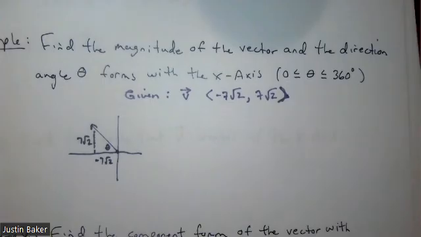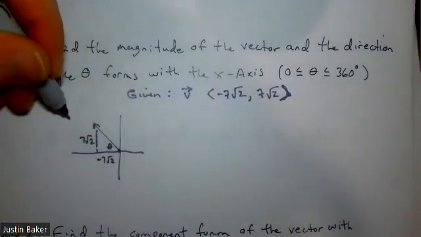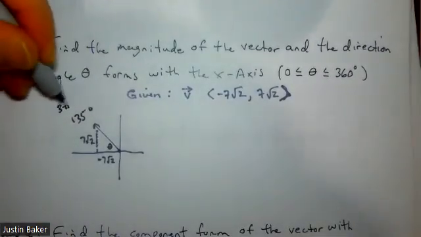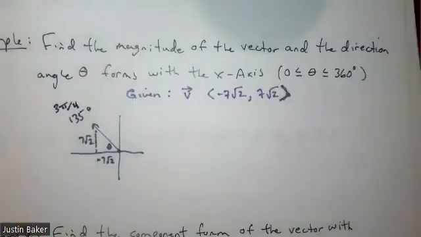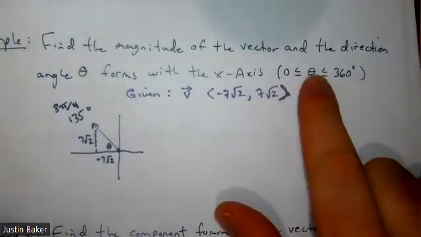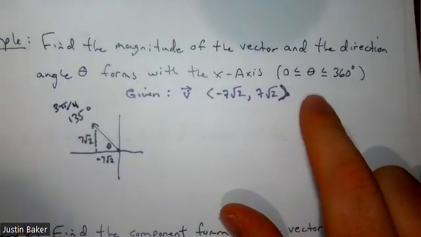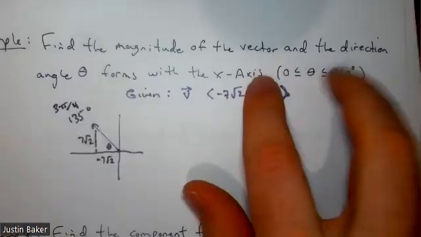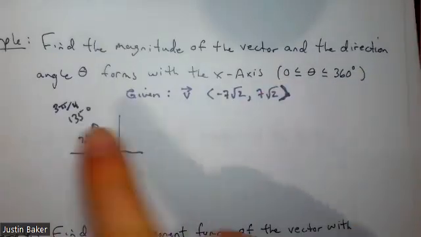And if you've got a 45, 45, 90 right triangle, that means you're talking about the 45-degree angle in quadrant 2. So the answer to this is either going to be 135 degrees or 3 pi over 4, depending on the answer choices. Since this was saying 0 to 360, I'm thinking the multiple choice would have been 135 degrees for your answer. And if it was 0 to 2 pi, then 3 pi over 4.